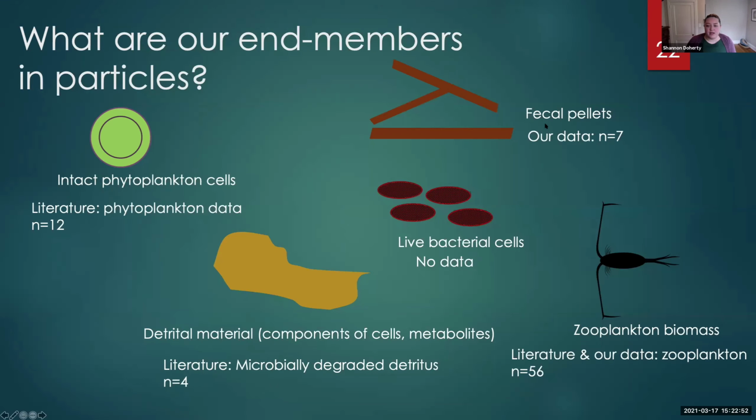Our fecal pellets, we had 7 samples, and a combination of literature data and our data give us 56 zooplankton samples. This is a really well sampled end member. So we're going to take these end members and see which amino acids can reliably differentiate fecal pellets from each one of these other end members.